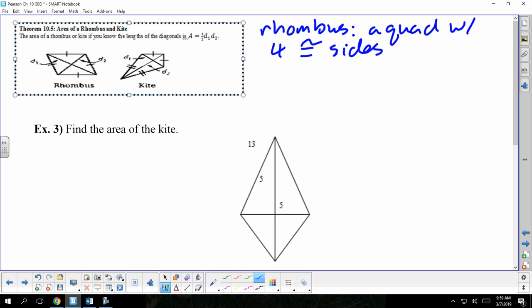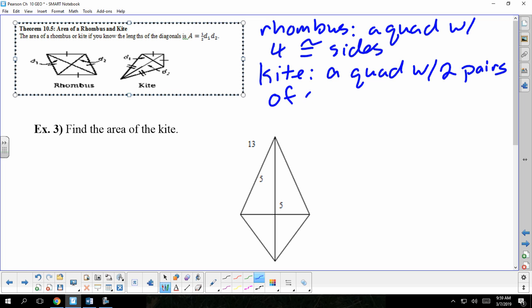And then kites were different, right? Kite, a quadrilateral with 2 pairs of consecutive, remember consecutive, one after another, sides that are congruent.